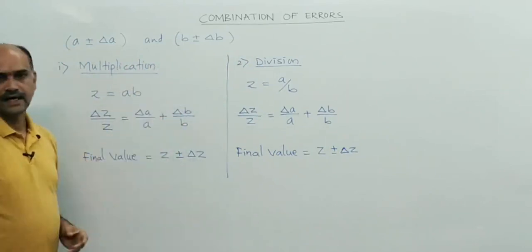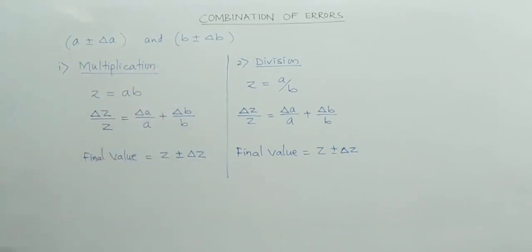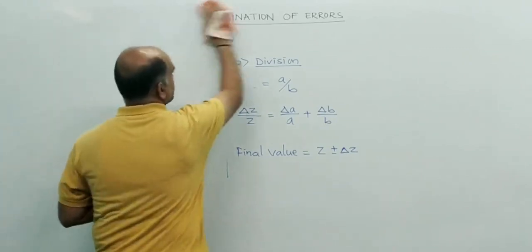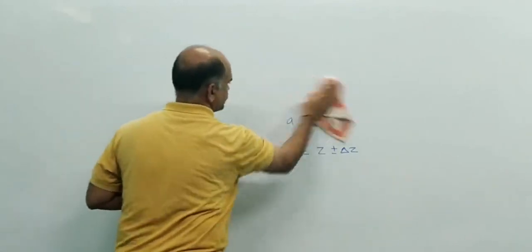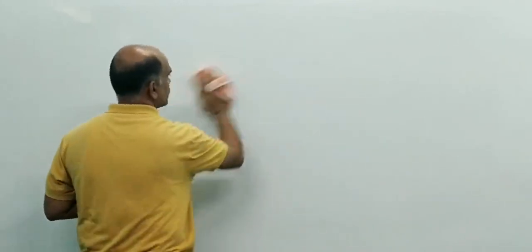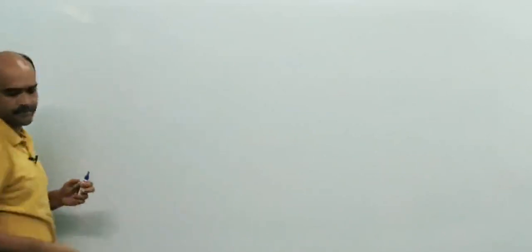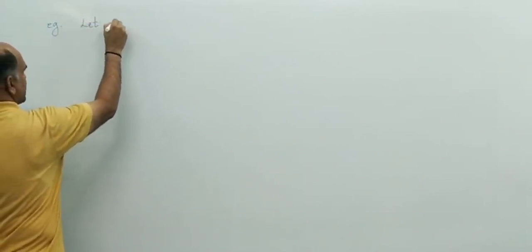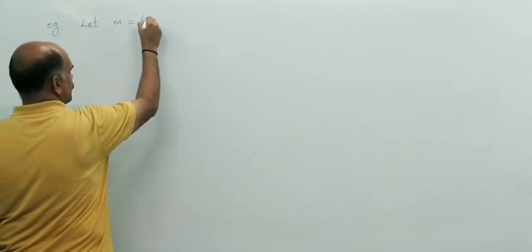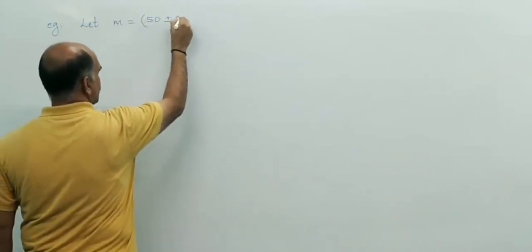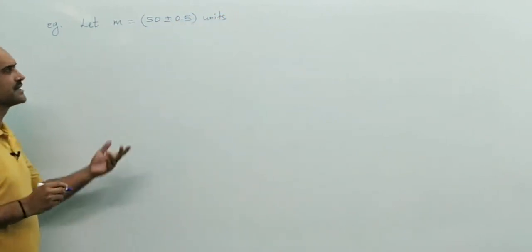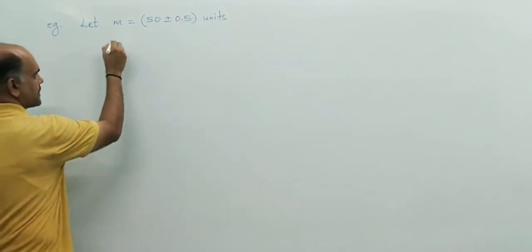So on this we will see an example. Two quantities I will take: let M be equal to 50 plus or minus 0.5 units, it may be centimeter, meter square, anything, I am just taking it in general.